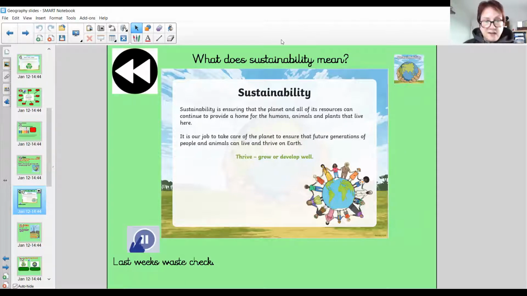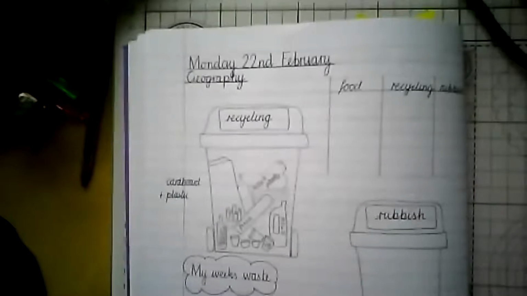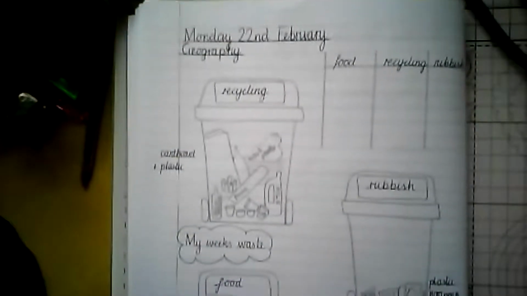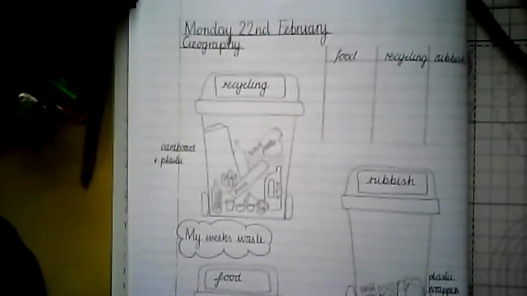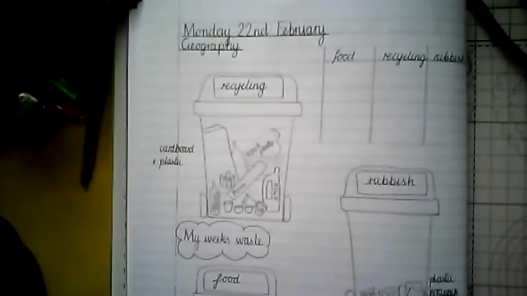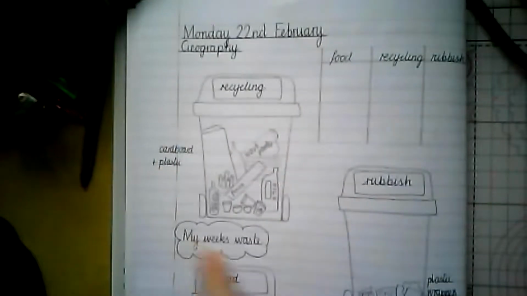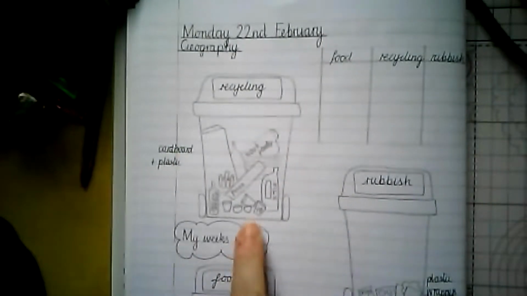And what I needed to do is have a little look at last week's waste check. So let me share my other camera with you. I asked you to look at your waste for the week. Okay, so I've got my recycling bin, which was mostly cardboard and plastic bottles.